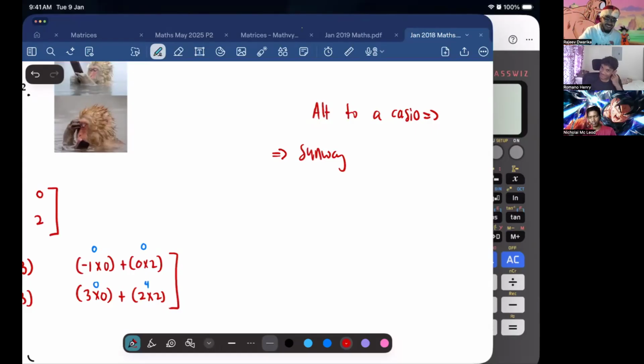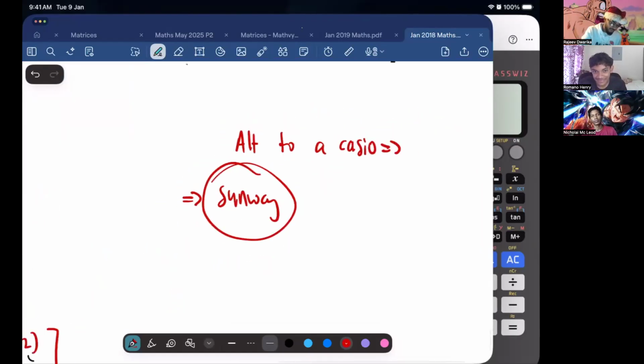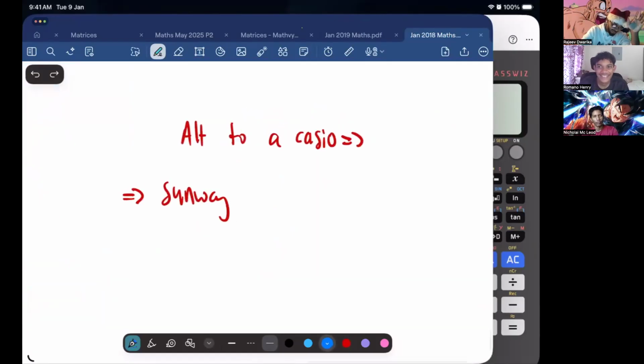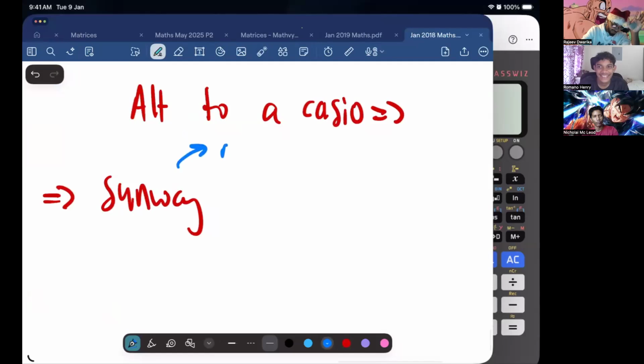This is Sunway, sir, not Subway. At first I thought Subway was giving away calculators until I saw the W. Oh, I wish there was.